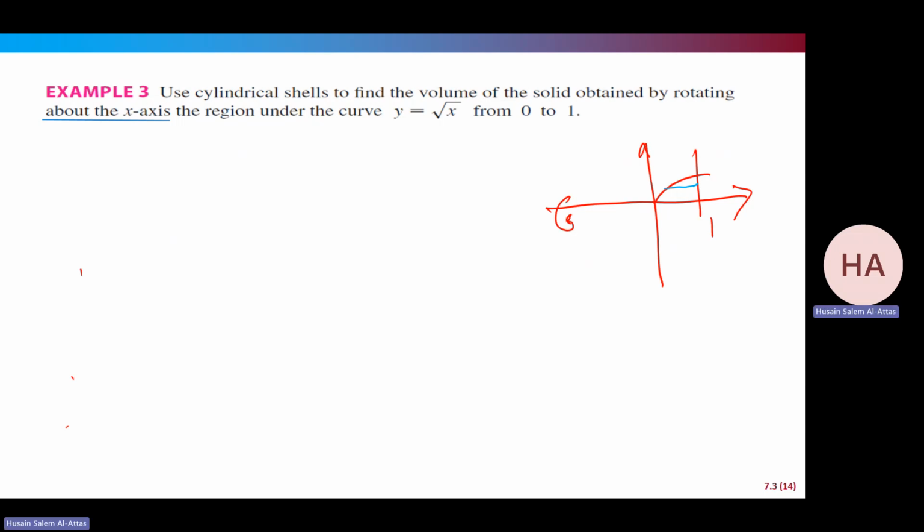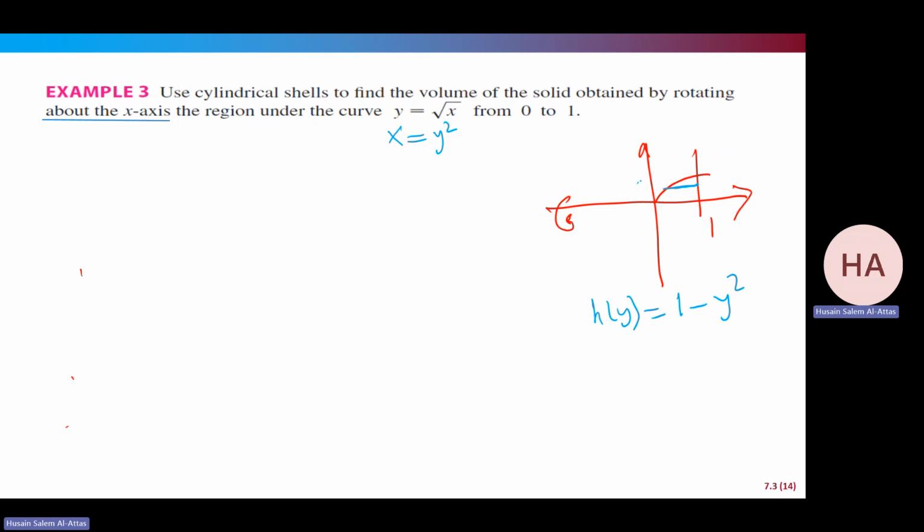So now what is h of y? First, I want things in terms of y. So I have x equals y squared. That will be my function, x as a function of y. So I have h of y will be what? What is the length of this? It will be the line, which is 1, minus the function. 1 minus y squared. Things are in terms of y.